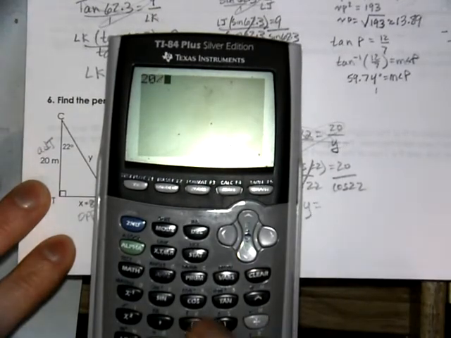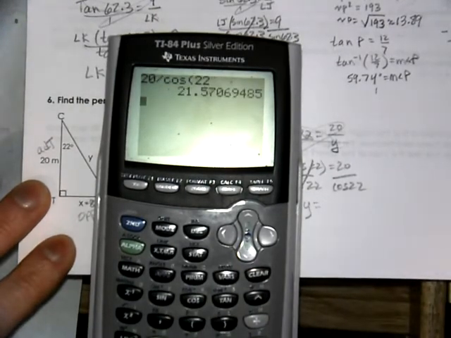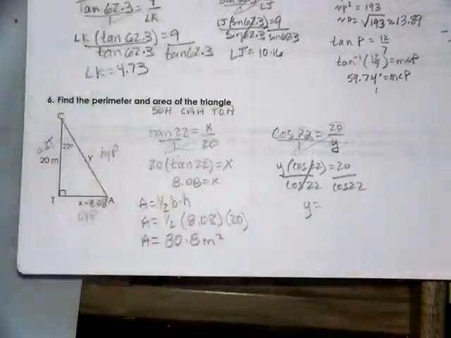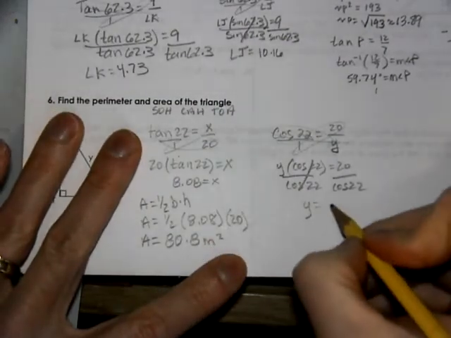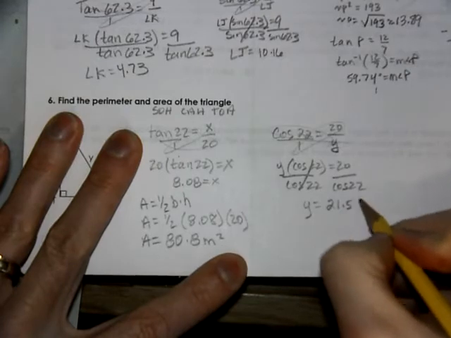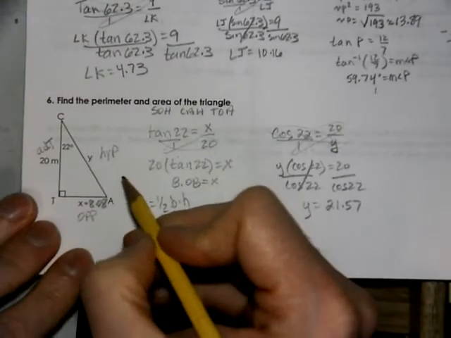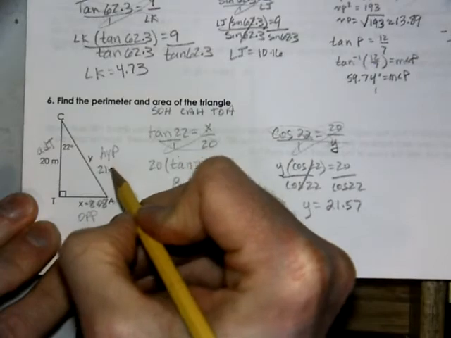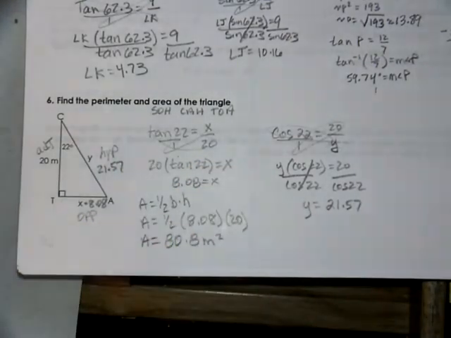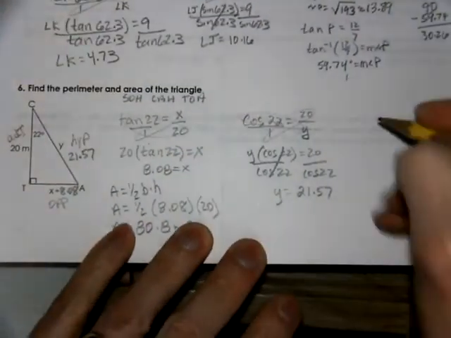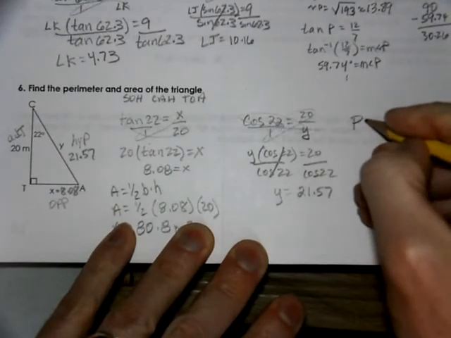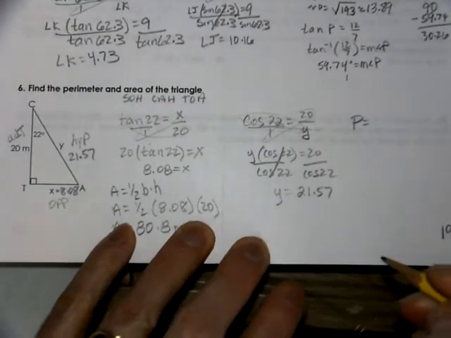So 20 divided by the cosine of 22 is 21.57. So here we have 21.57. And that's our missing side for the hypotenuse.